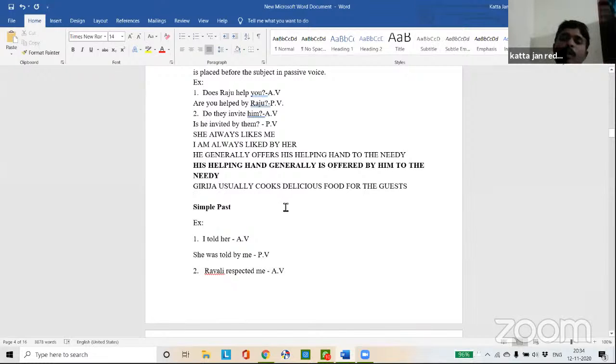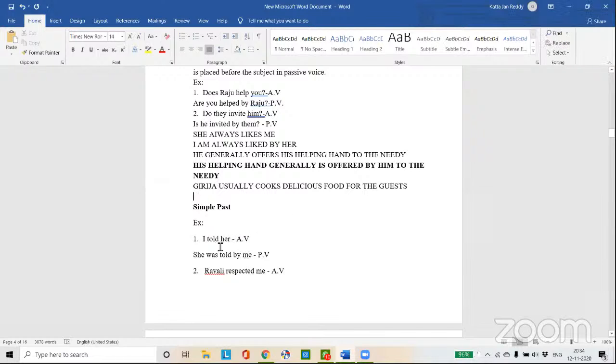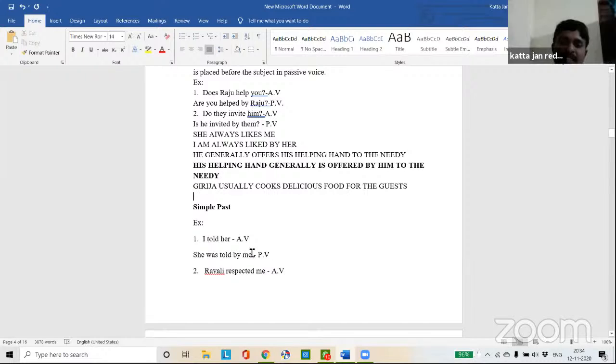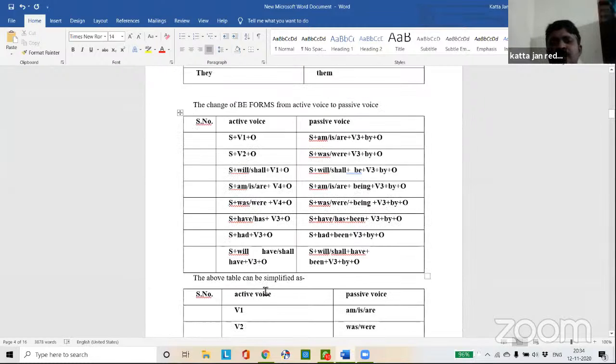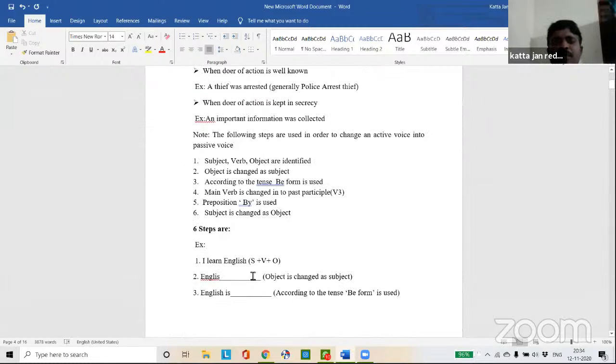Right. So if you want some more examples, then we will practice tomorrow. But sir, let me tell you two examples in the simple past tense. Whatever the tense is, whatever the sentence is given, the same 6 steps should be used. Same 6 steps should be kept in mind.